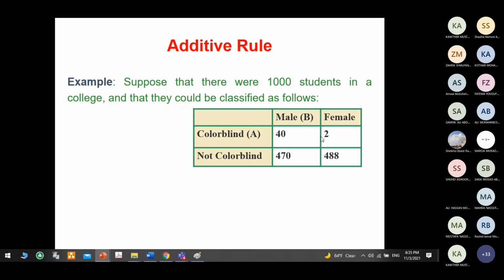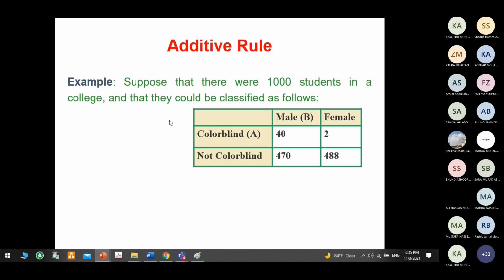And females, 2 plus 488, meaning 490. I will define event B to be the male students, which means 40 plus 470, 510. Agree? Clear? This event, is it clear? Yes, it is. Great.